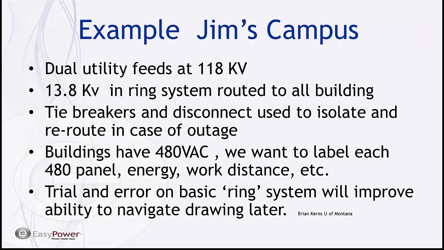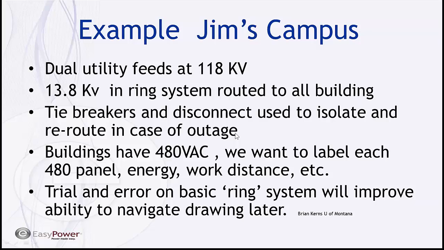The first example I want to call up, I refer to as my campus. It has two utility feeds at 118 kV. Around the system, there's a 13.8 kV ring routed to all the buildings. There are cross-connect tie breakers, and each building has a disconnect that can isolate that building and reroute energy around it in case of an outage or maintenance.